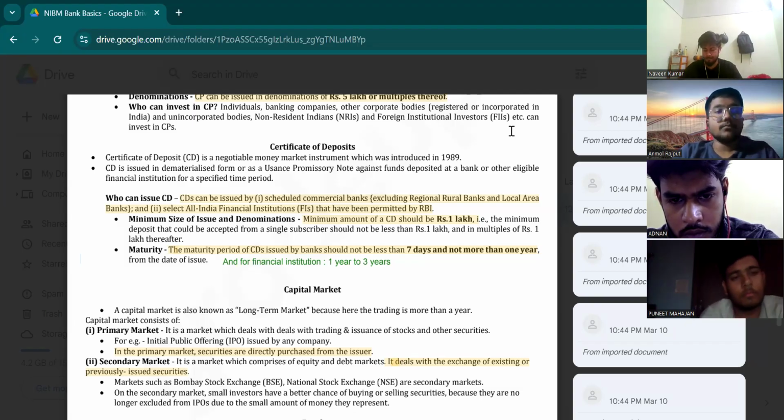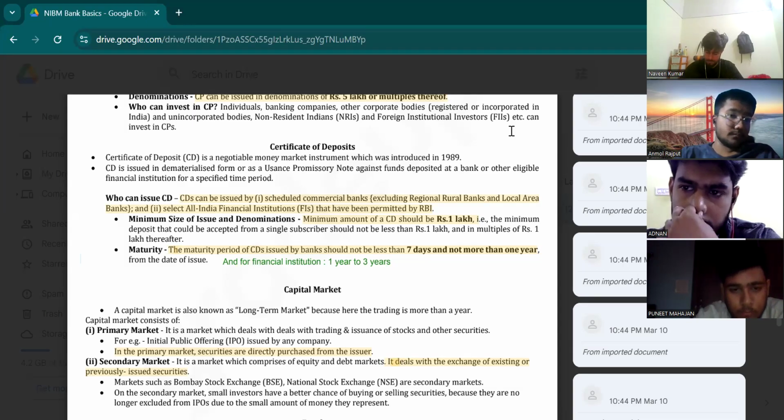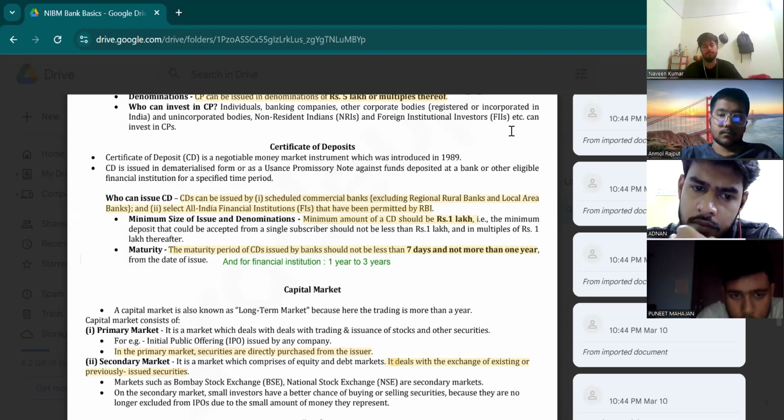The maturity period for a bank is 7 days to 1 year, but for any other financial institution it is 1 year to 3 years. So you have to remember what a certificate of deposit is, how it is issued, and the minimum amount to invest, and nothing more than this.